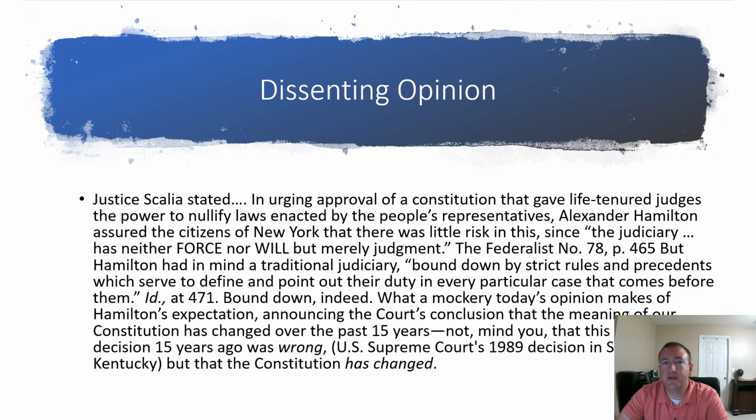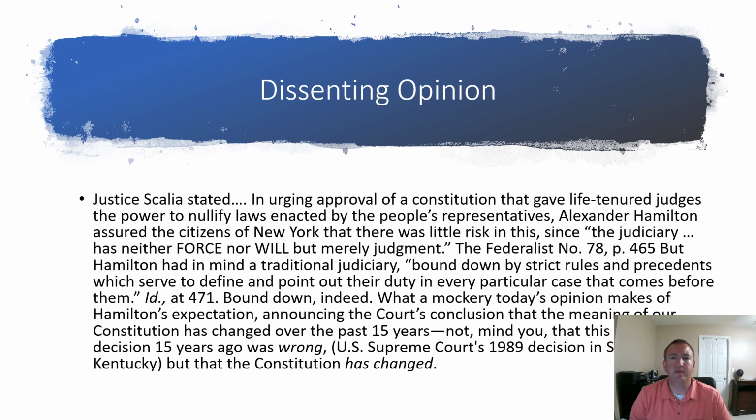Okay, so here's the time for the dissenting opinion. This was written by Justice Scalia. Justice Scalia, in his argument, quoted Alexander Hamilton from the Federalist Papers number 78. He said, "In urging approval of a constitution that gave life-tenured judges the power to nullify laws enacted by the people's representatives, Alexander assured the citizens of New York that there was little risk of this."